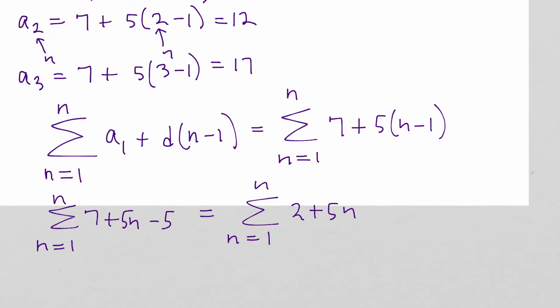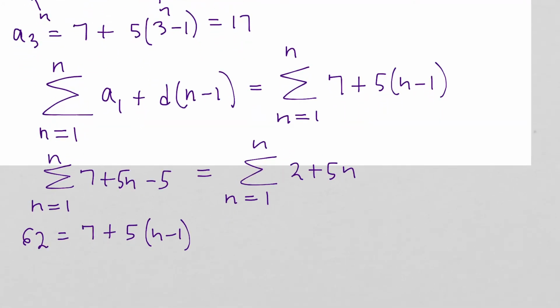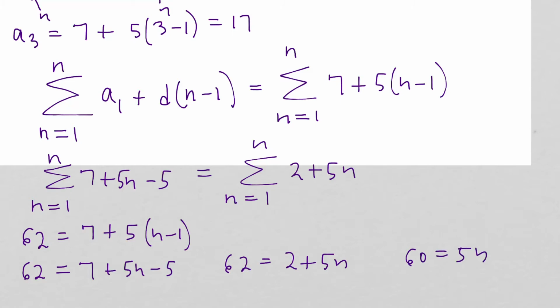So if 62 is equal to 7 plus 5 times n minus 1, we should be able to figure out what n is. So 62 is equal to 7 plus 5n minus 5. 62 is equal to 2 plus 5n. So that 60 is equal to 5n, n is equal to 12.